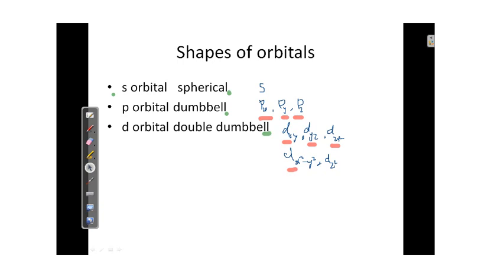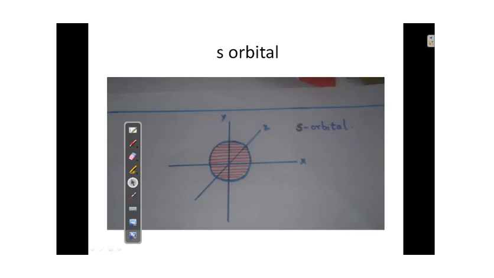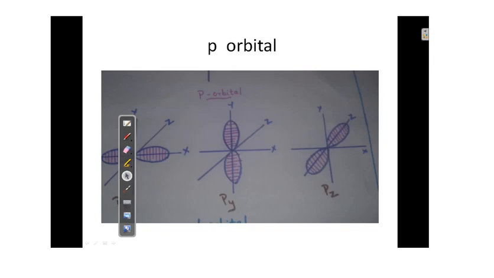Now the shapes of the orbitals. The S orbital shape is spherical, the P orbital is dumbbell, and the D orbital is double dumbbell. The figures are like this. The S orbital is spherical, and the P orbitals are dumbbell shaped: on the x-axis Px, on the y-axis Py, and on the z-axis Pz.